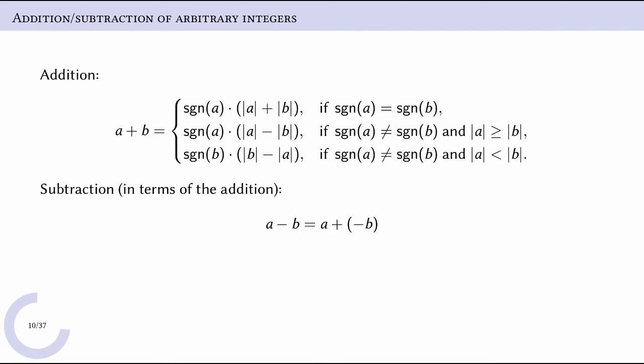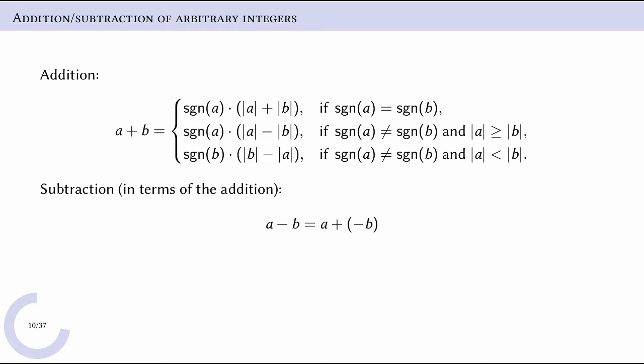Finally, addition and subtraction of arbitrary integers can be done in the form of addition and subtraction of positive integers, just depending on the signs of both integers. So if both integers have the same sign, then addition is just the addition of the absolute values: we ignore the sign, we add the two natural numbers and we rewrite the sign.